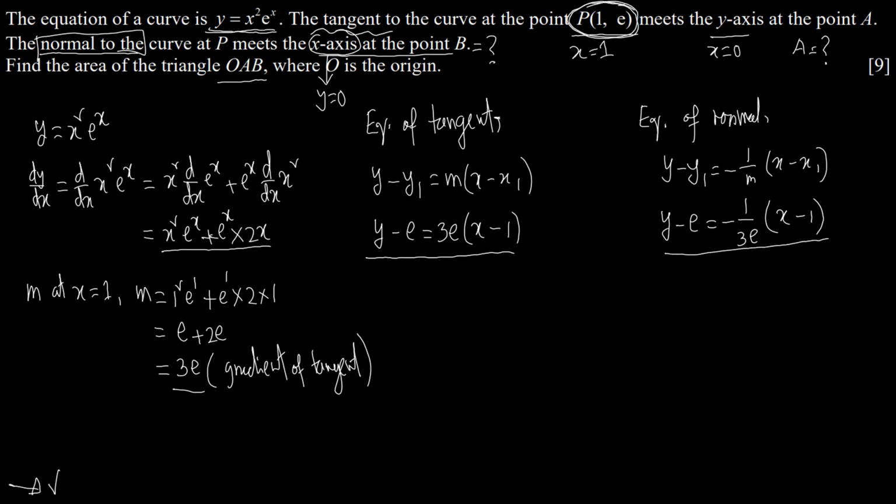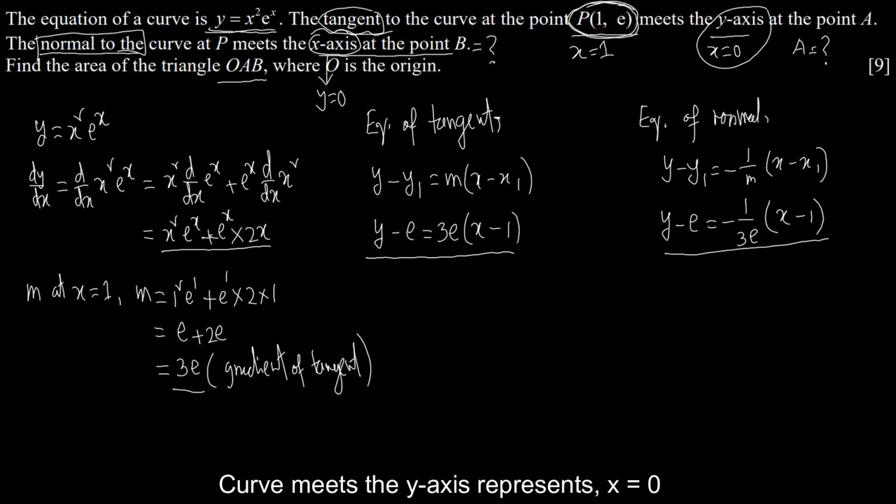Okay, the tangent meets the y-axis at the point A, so our target is to find the coordinate of A. We put x equals 0 in the equation of the tangent. So y minus e equals 3e times 0 minus 1.